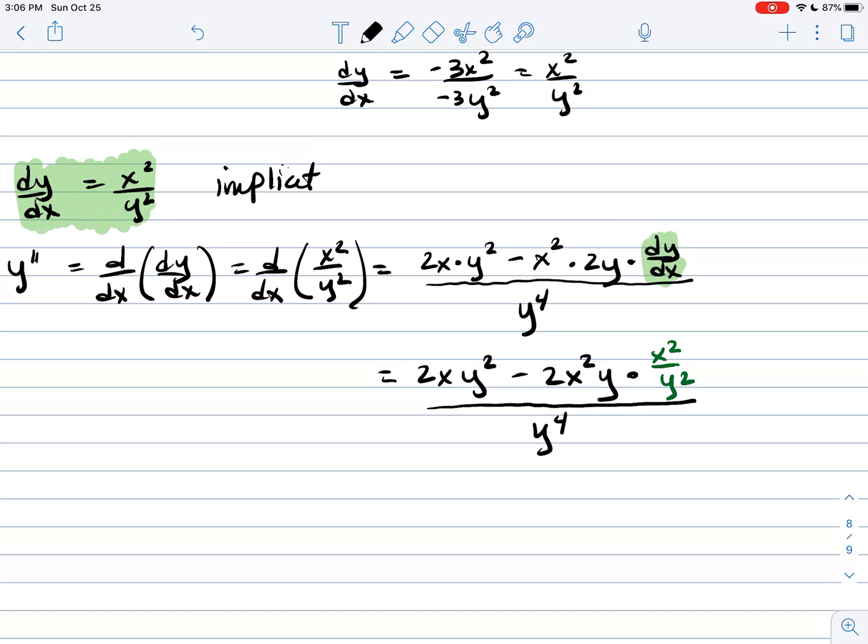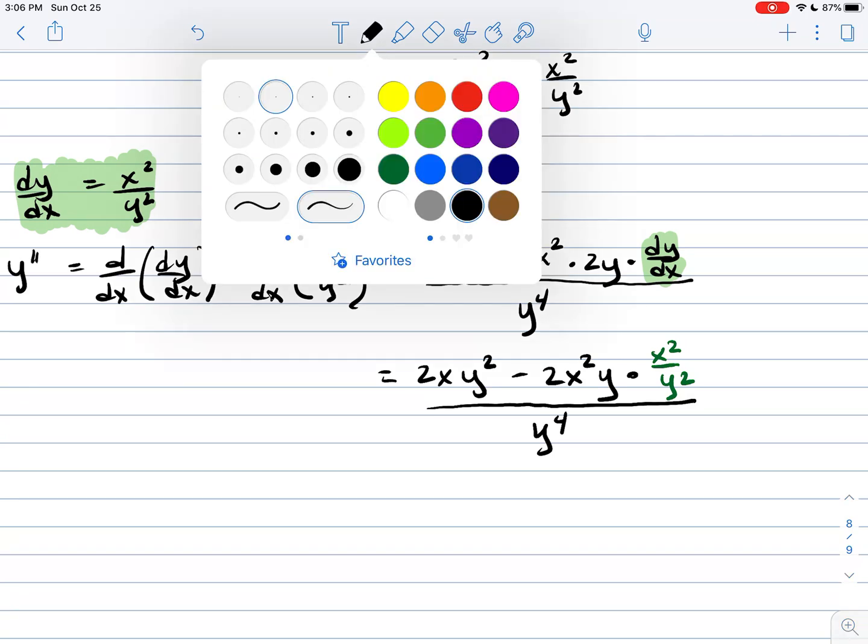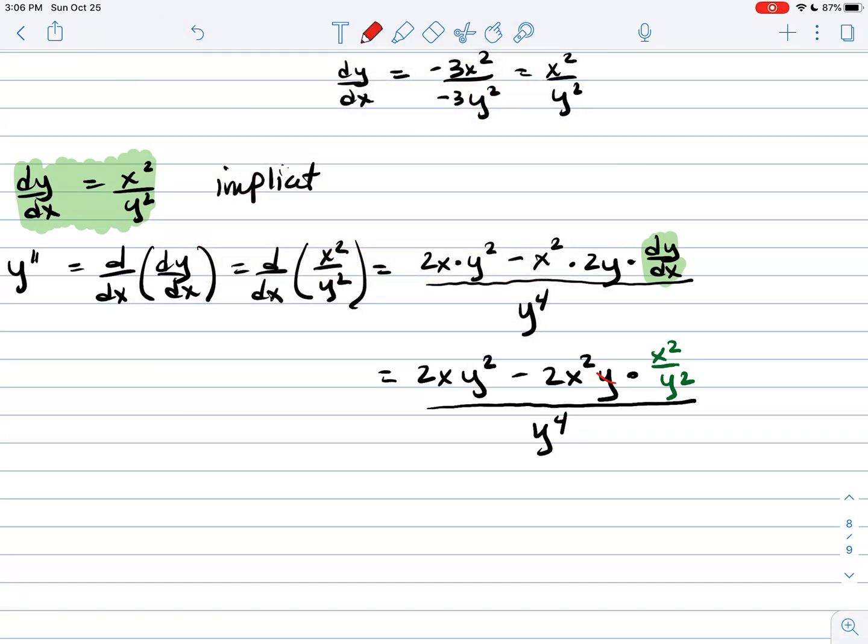And now I want to clean things up because I've got a complex fraction now, and since we don't like fractions to begin with, we want to get rid of that fraction. So I can clean things up a little bit by canceling my y with my y squared to give me y, but I still have that denominator y.